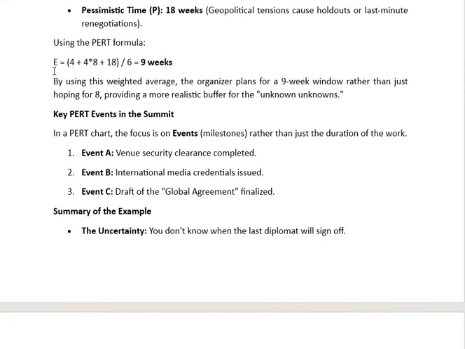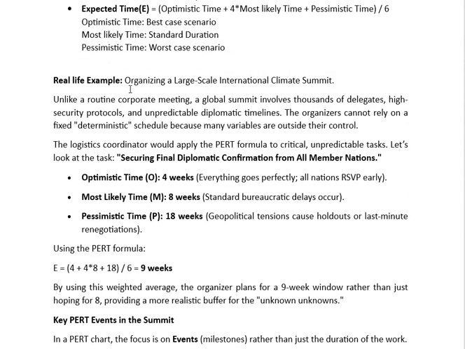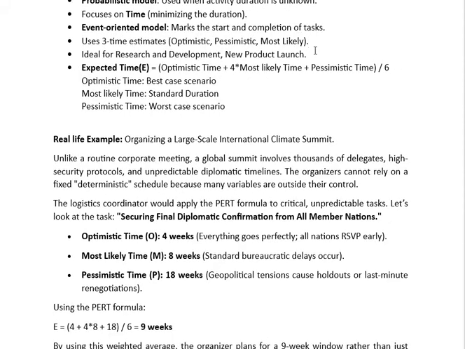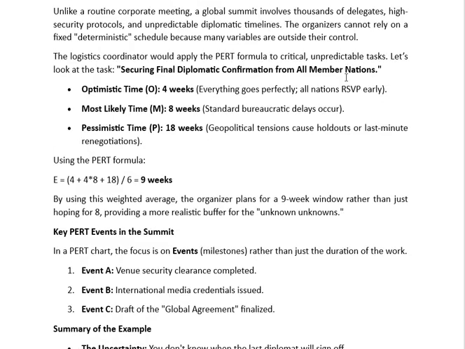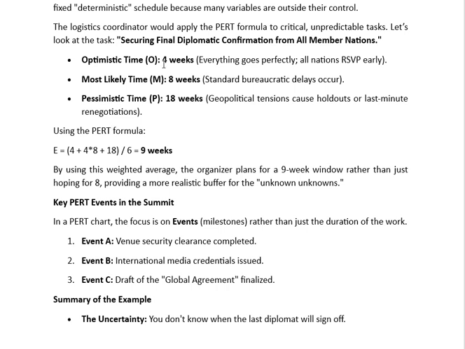Expected time is equal to optimistic time plus 4 times most likely time plus pessimistic time, whole divided by 6. So optimistic time here is 4, plus 4 times 8, plus 18, which is the pessimistic time, whole divided by 6, which is 9 weeks.